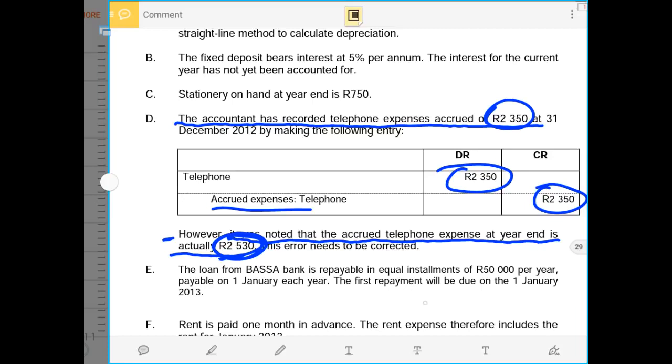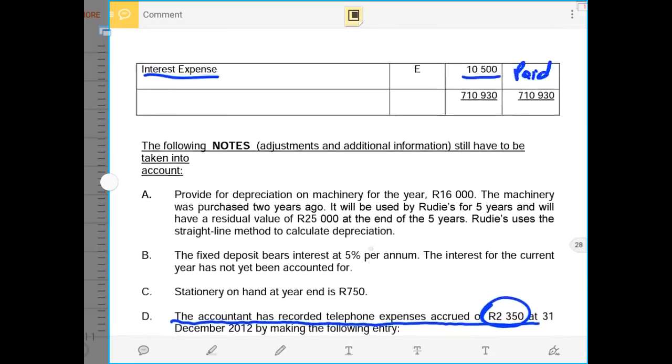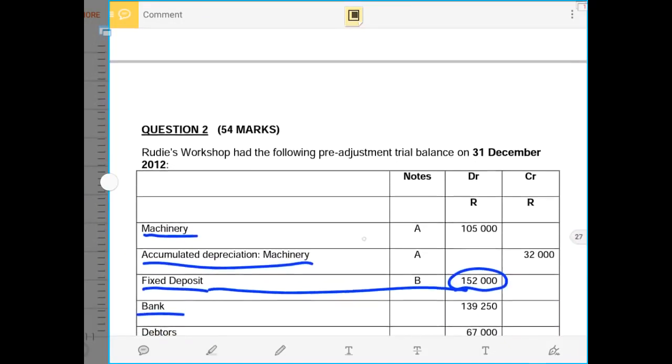Then now we have to do number E. Number E says that the loan from Basa Bank is repayable in equal installments of 50,000 rands per annum. So now it means the annual installment is 50,000 rands, and it is payable on the 1st of January of each and every year. Now remember, we are doing the books for the year end 31st December each and every year.